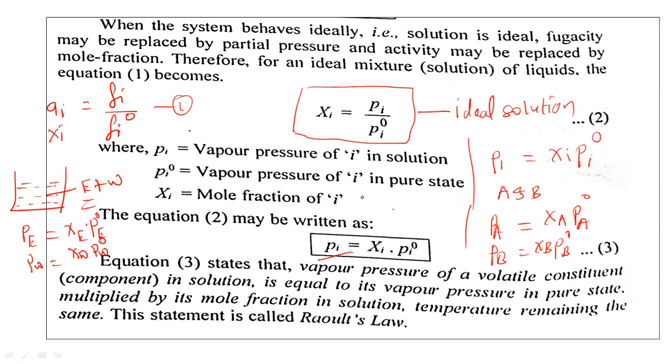It means that if you have taken two liquids, the vapor pressure of a volatile constituent of that liquid in a solution is equal to its vapor pressure in the pure state multiplied by its mole fraction Xi, temperature remaining the same. This statement is called Raoult's law. This is a very, very important statement.